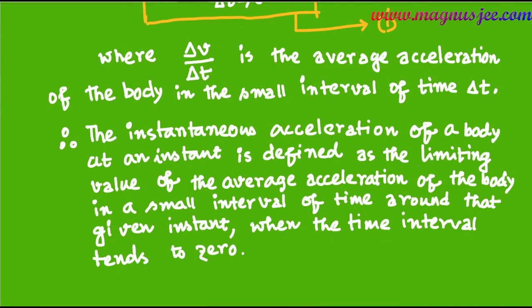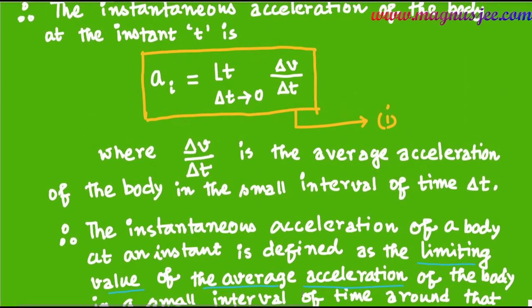The instantaneous acceleration of a body at an instant is defined as the limiting value of the average acceleration of the body. Limit delta t tends to 0 means the limiting value of delta v by delta t, which is the average acceleration.